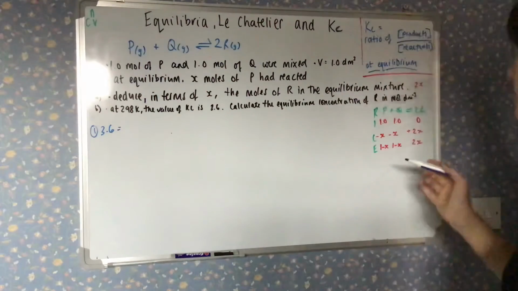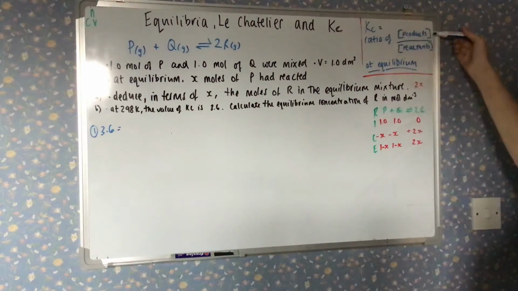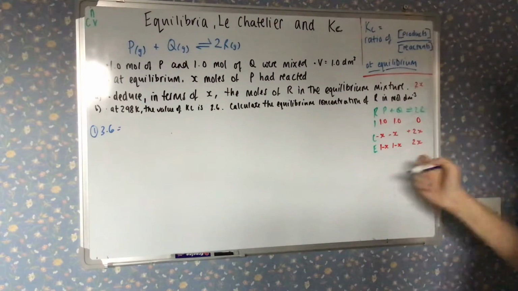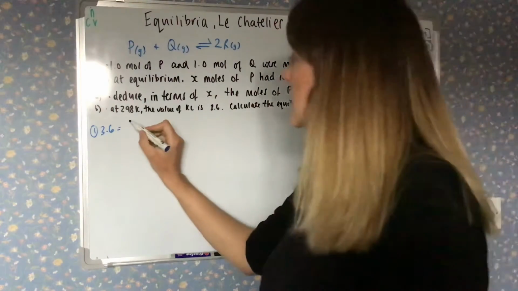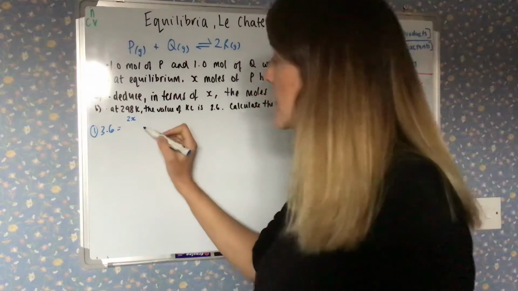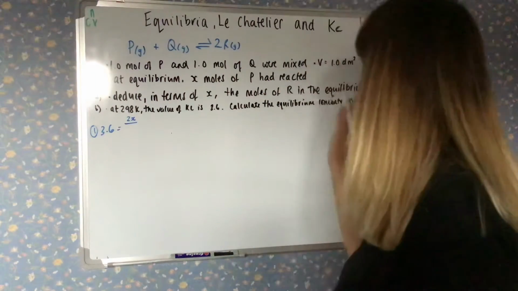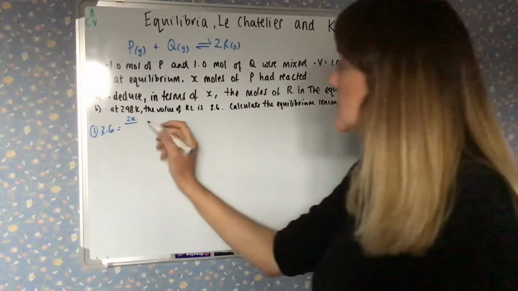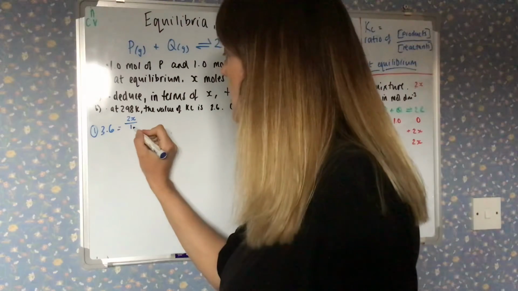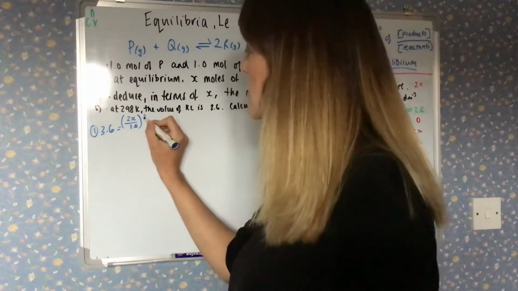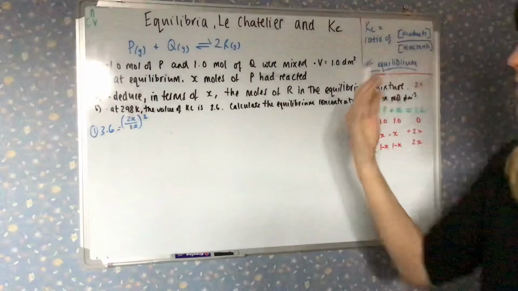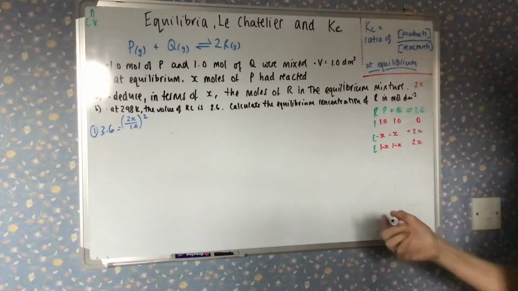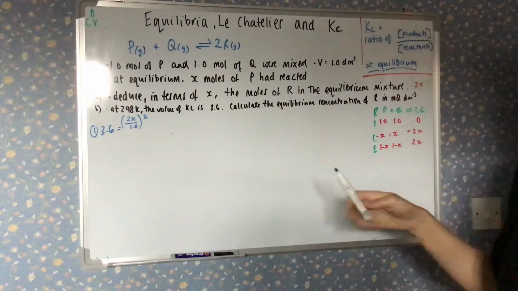So we've got products, so the concentration of the product, we've got 2x, that's the equilibrium moles, over the volume, 1.0, and that is all squared. If you remember from, and if you don't remember, go back to the first Kc video.